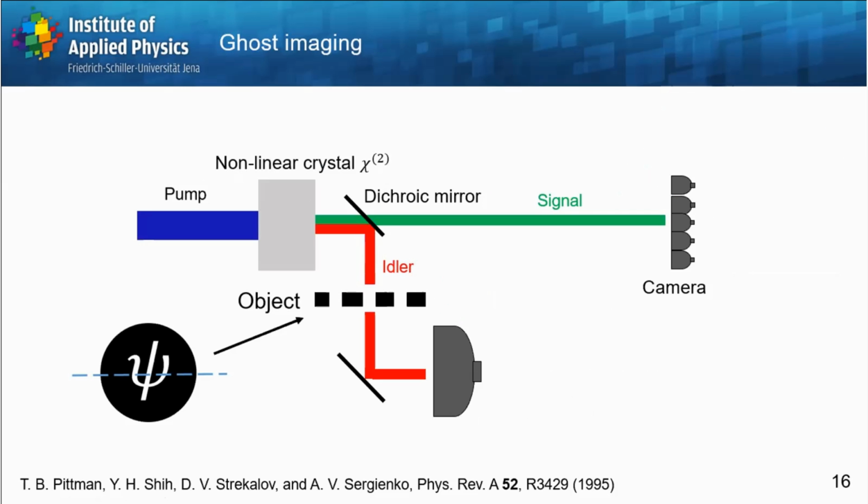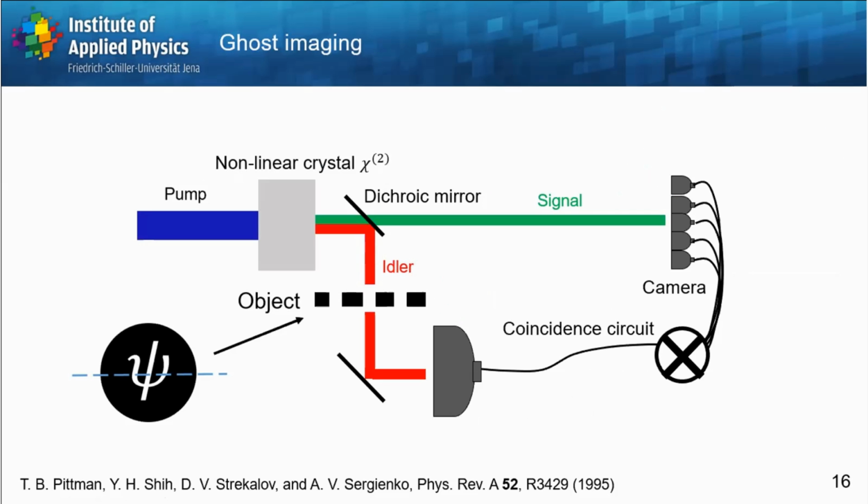This is called a coincidence circuit. And what does it do? It also takes the information from the bucket detector. As I showed you before, if a signal photon arrives at the camera, but there is also a photon, the idler, hitting the bucket detector, then that is called a coincidence, because there are two photons, one from each source.